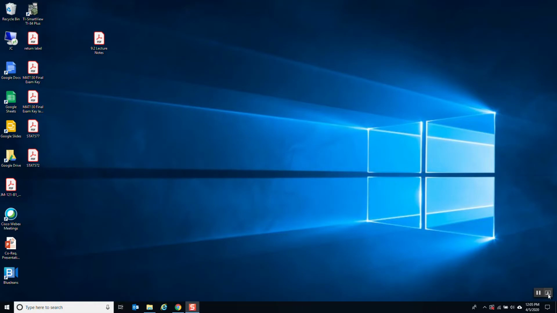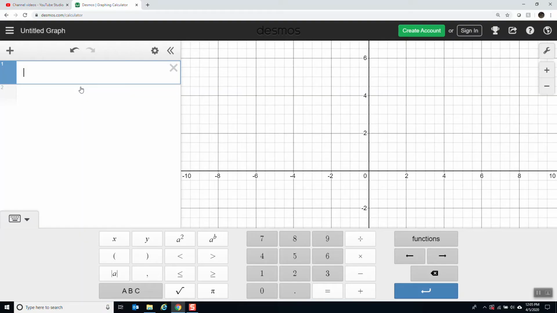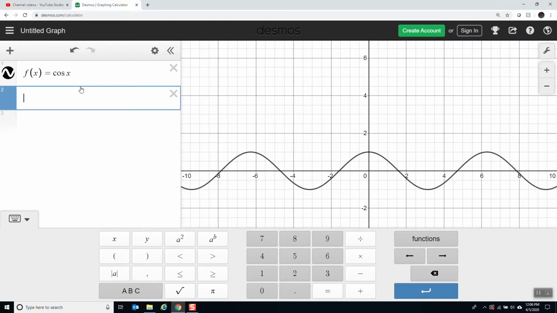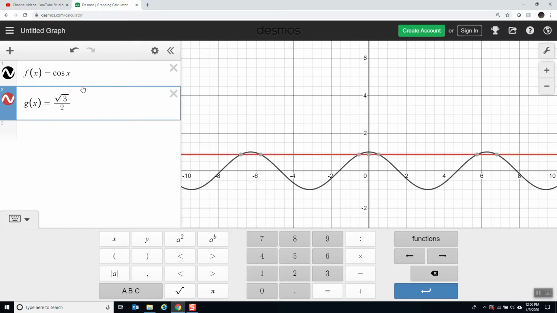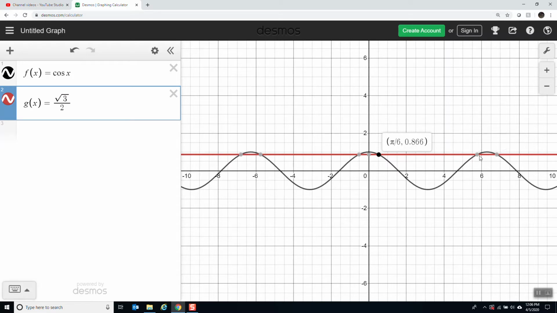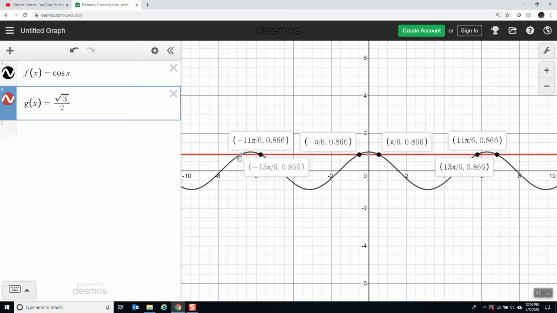Here it is. And we're looking at, this time I'm going to do the intersect function. So we're going to say f of x equals cosine x, and then g of x equals the constant function square root of 3 divided by 2. And here you can see these coterminal angles showing up. We could zoom out a little and start to see all of them.